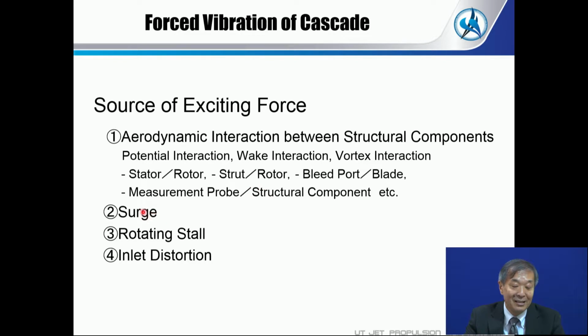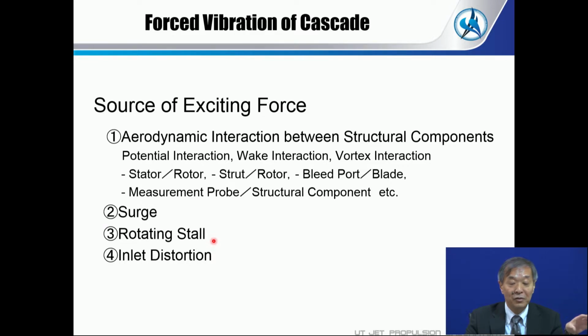The second one is surge, and the third one is rotating stall and inlet distortion. Surge is one-dimensional flow oscillation in the axial direction, so this is a cause of the exciting force, of course. Rotating stall is the two-dimensional, circular movement of the stall region.